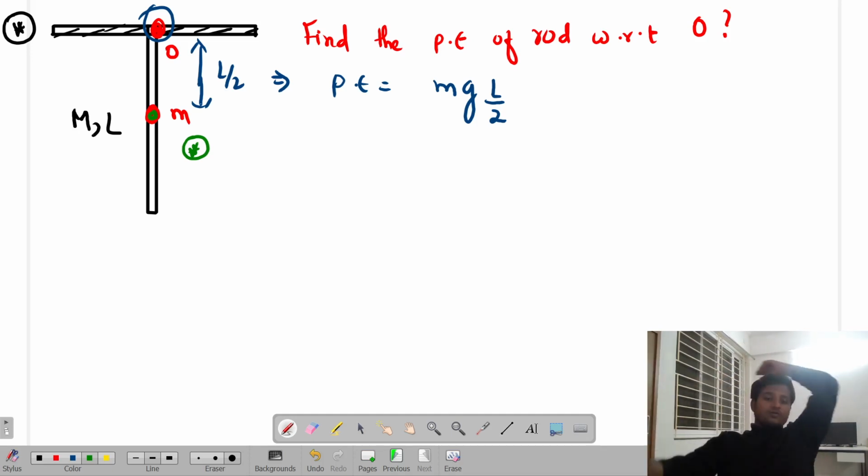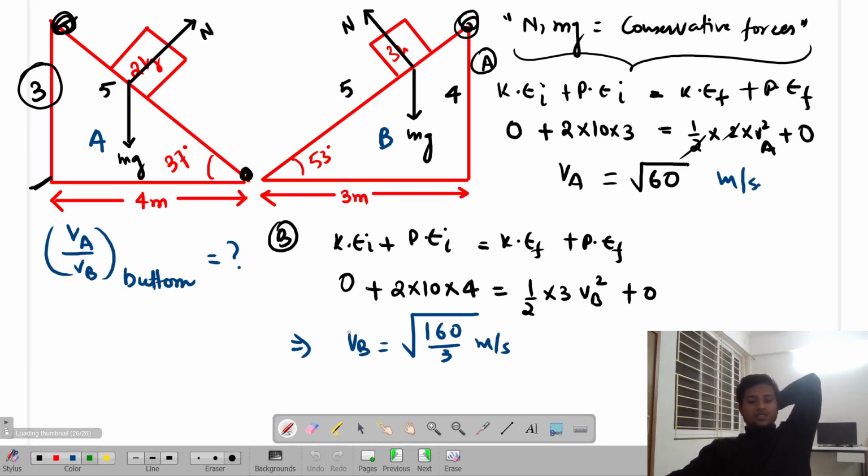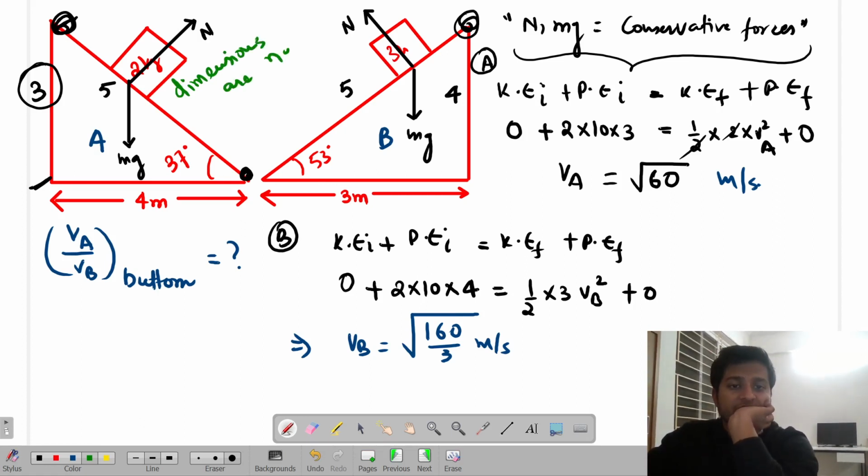For any kind of, no, no, no, no. You just confused us. Whenever there is a continuous body, which kind of body? No, a block. If it is, see. For the block, the dimensions are not given to you. Is any kind of dimension given to you? So that's why they are treated as particle.